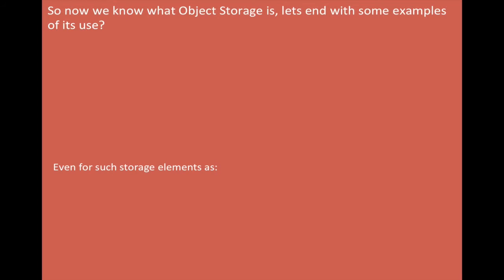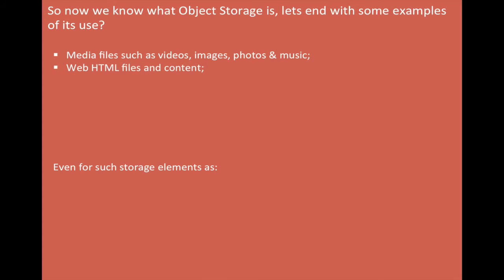But okay, so what's it used for? What's the use cases, as they call them? Why is this useful? Well, object storage, because of that infinite scale and billions of files in a flat structure, but with metadata that's searchable, it means it's really handy for very large media files, photos, web content.